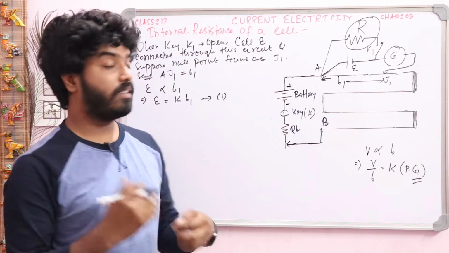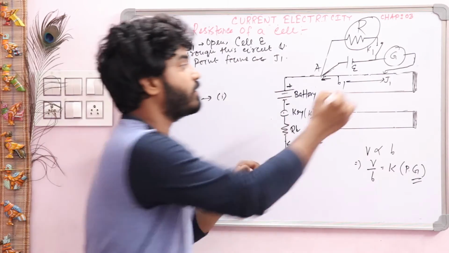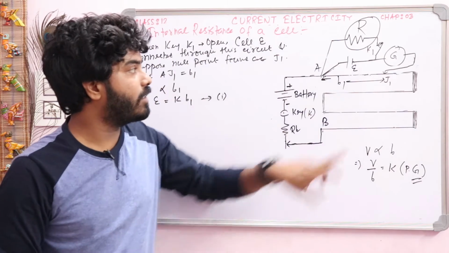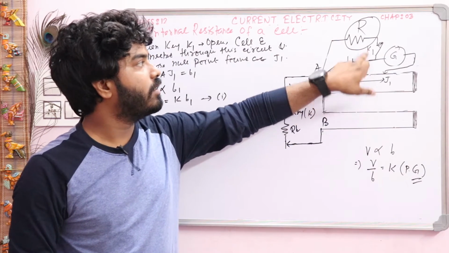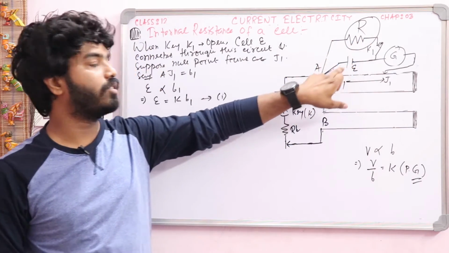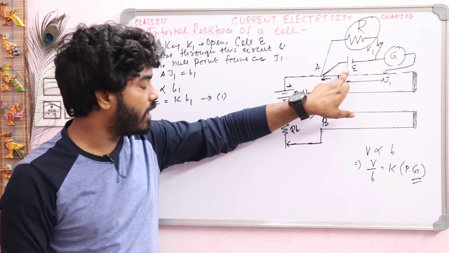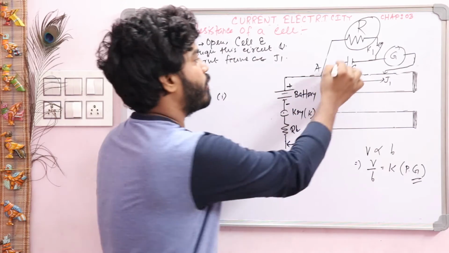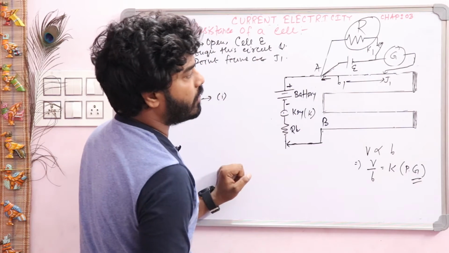Now in the second case, you connect this key K1. When you connect key K1, this external resistance is connected through this circuit, and this cell provides a current from positive terminal to negative terminal.